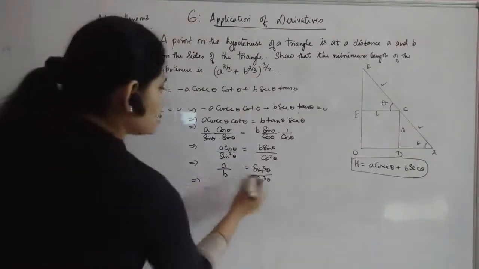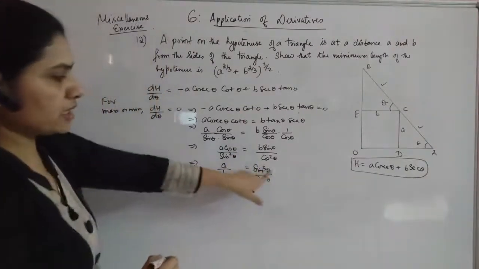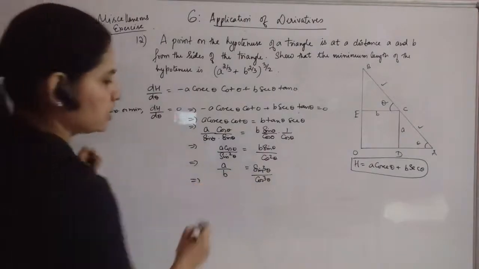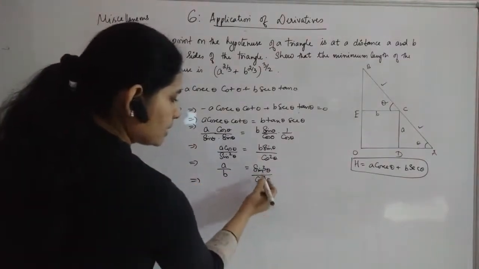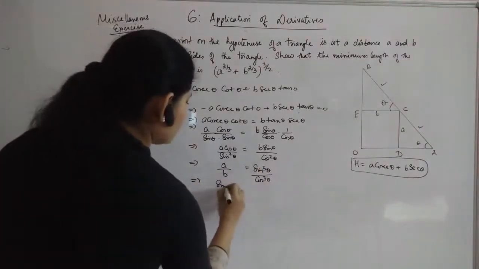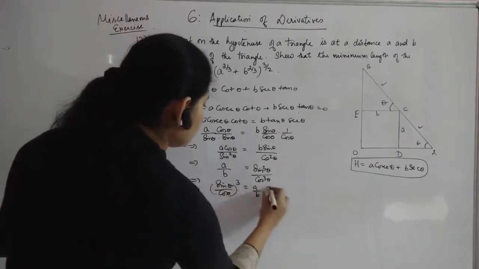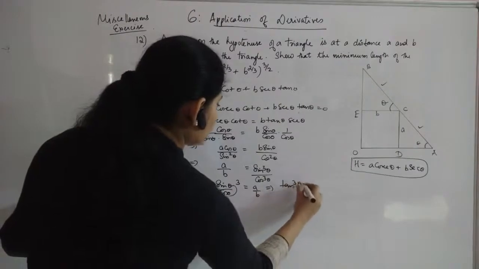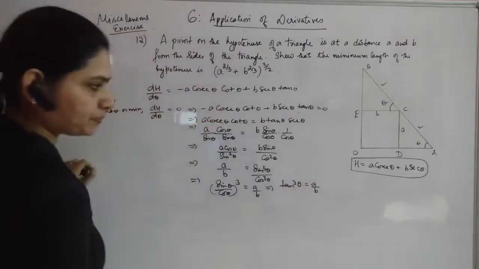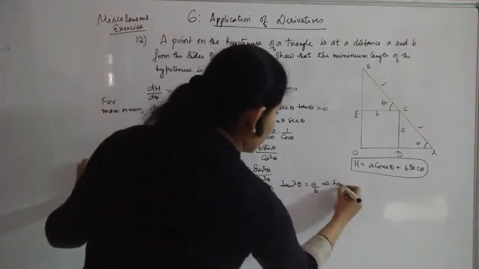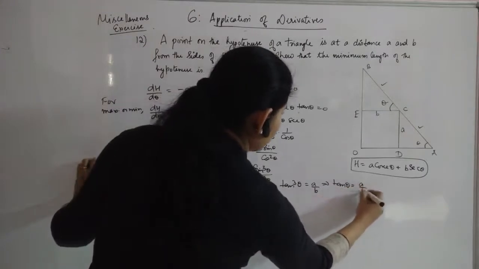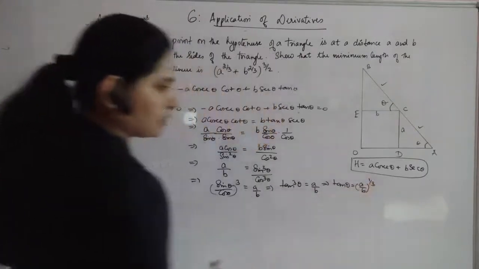Now sine cube theta by cos cube theta is tan cube theta, that is sine theta by cos theta the whole cube is equal to a by b. That is, tan cube theta is equal to a by b, or tan theta is equal to a by b the whole raised to 1 by 3, correct?